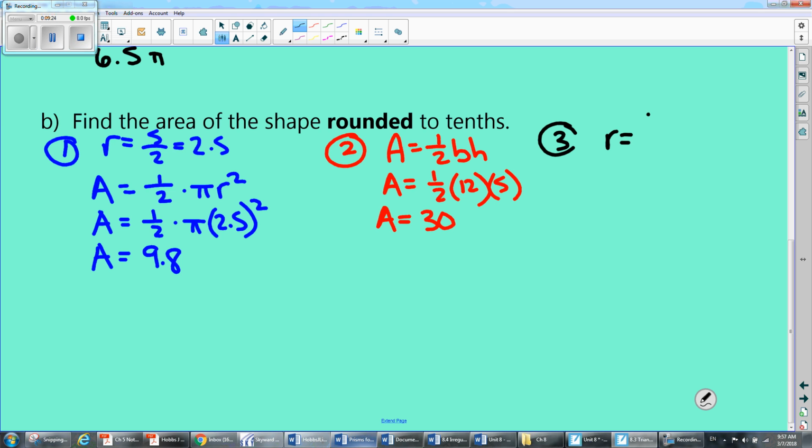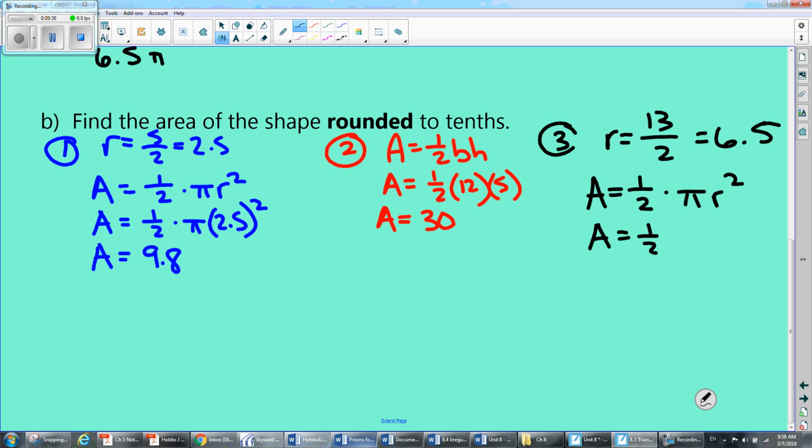If the whole diameter was 13, cut it in half. We have 6.5 for the radius. So when we're using half of the circle, half of the whole area, we'll plug in 6.5 for the radius and end up with 66.4.